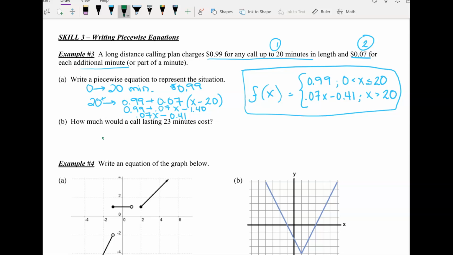I'm going to say, well, f of 23 is equal to 0.07 times 23 minus 0.41. Okay, so putting it into my trusty calculator, I get $1.20. That's not bad if you're not talking that much. So that would be our final answer.